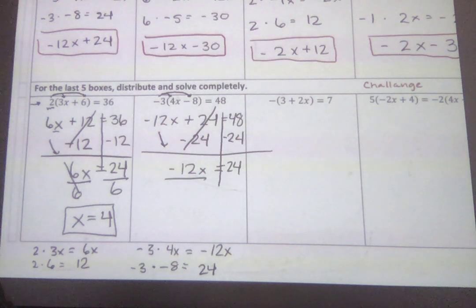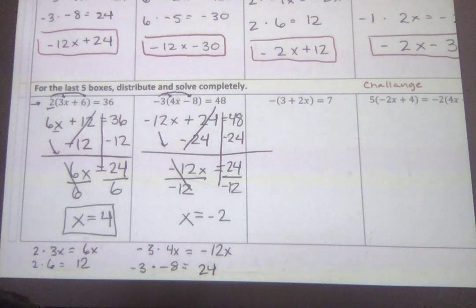Our last step, we're going to divide by negative 12 because that's still what's with x. To get my x by itself, 24 divided by negative 12. Type that in. 24 divided by negative 12, that's going to give you negative 2.